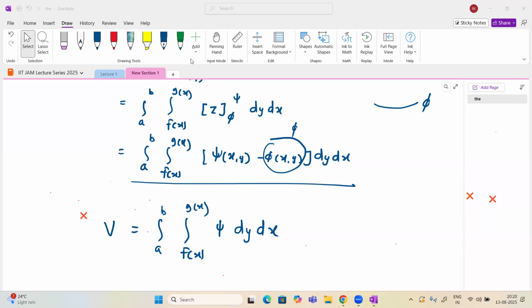Atnu, I think your name is Atnu Singha, right? Yes, the variables should be different: dx, dy. If both variables are x, then dx square, but the variable should be different, no?